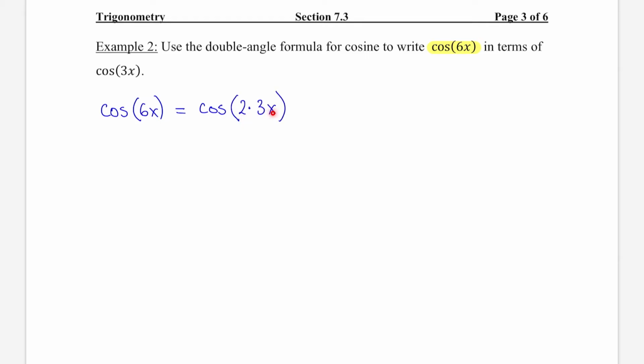I'll have cosine of 2 times 3x. So imagine if this 3x is an a, I have cosine of 2a. Use the double angle for cosine. Cosine of 2a is cosine square of a minus sine square of a. Cosine of 2 times 3x is going to be cosine square of 3x minus sine square of 3x.